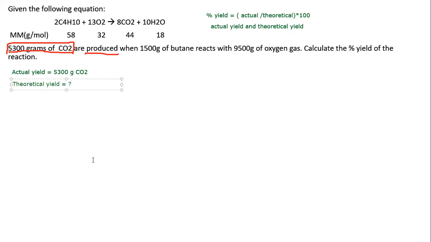So again, we're going to be using those numbered slots, 1, 2, and 3. We're going to be doing it twice, one for butane and one for O2.